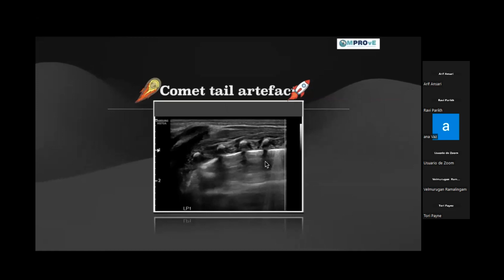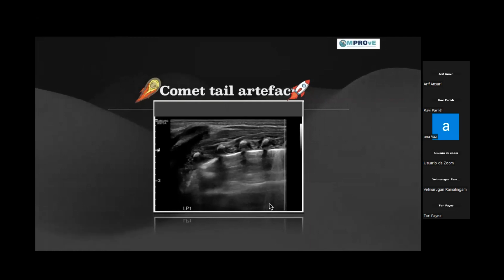The best way to imagine comet tail artifacts is as incomplete B lines. That's the difference between the B lines and the comet tail. B lines reach all the way to the bottom of the screen, as you can see in the still image. I will play the image just now. From the pleural line, arising vertical reverberations reaching all the way to the bottom is your B line.